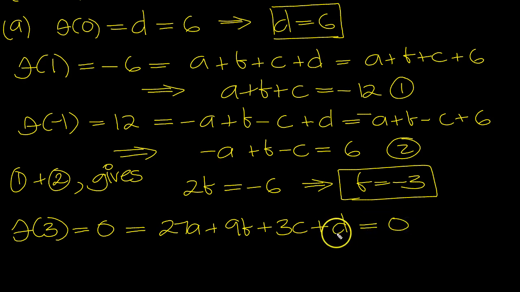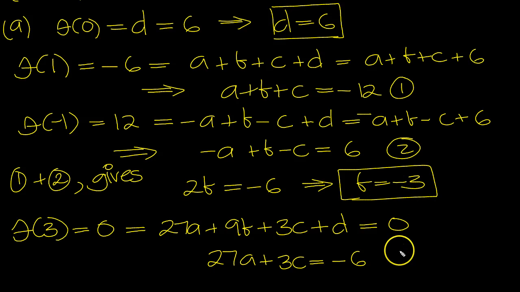Now d is 6, so 27a plus 3c is equal to minus 6, move it over the other side, and minus 9b. Minus 9 times b, which is minus 3, which is 27.